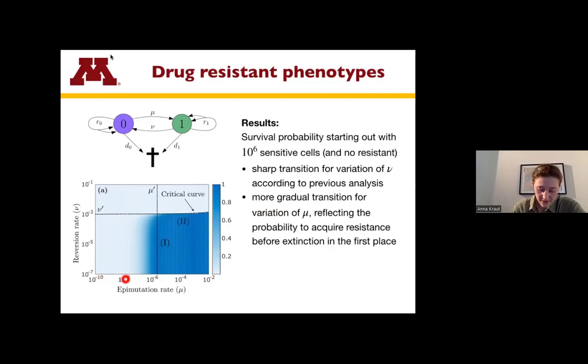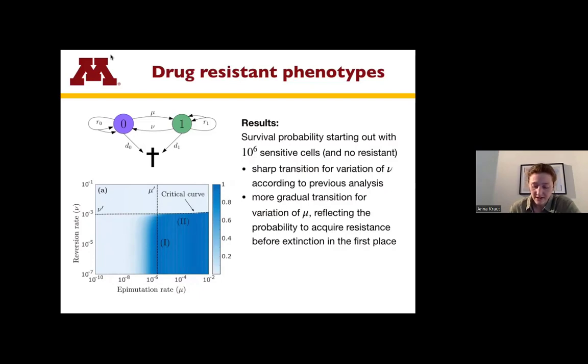And then you can really see that depending on the rate of acquiring dormancy, even in this supercritical scenario, the probability of survival, which is what is plotted in this heat plot here, can be very low or even close to zero.